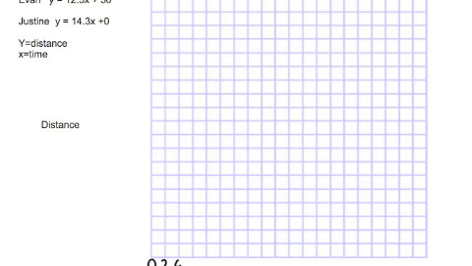You'll notice that I didn't have anything on the negative side of the x-axis. The reason is because we're talking about time, and time cannot be negative. Same thing with distance. It really doesn't make sense that the distance is going to be negative. So I'm also going to start distance at 0.